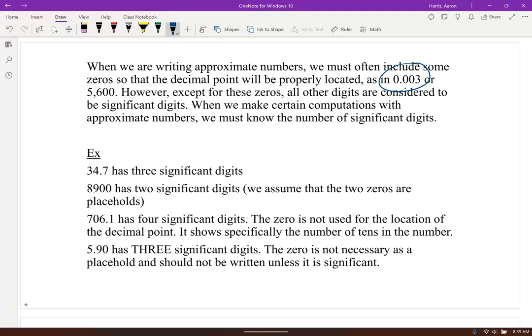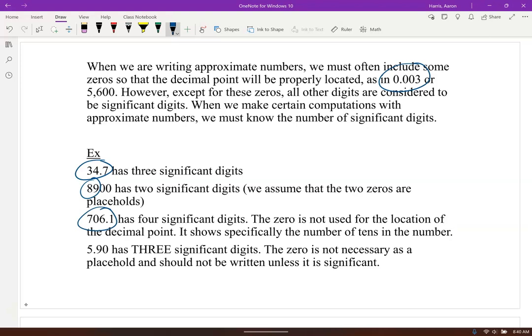34.7 has 3 significant digits. 8,900 has 2, because we're assuming that the 2 zeros after are just placeholders. 706.1 has 4 significant digits.